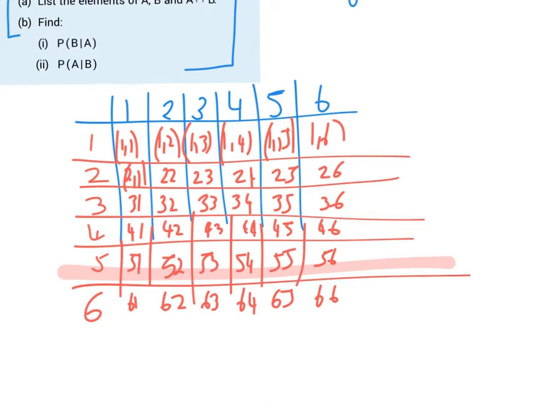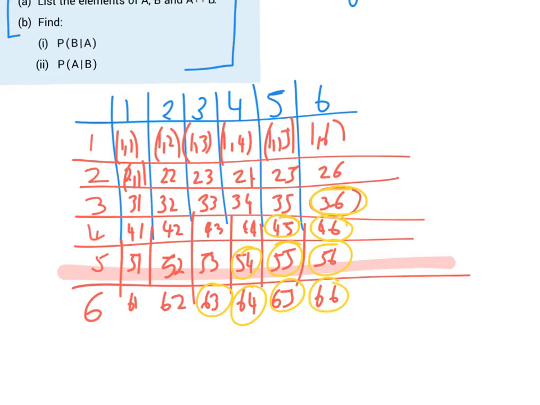Over 8 means I need to get 9, so just this one here, I'll do it in yellow. Then 9, 10, 9, 10, 11, 9, 10, 11, 12.